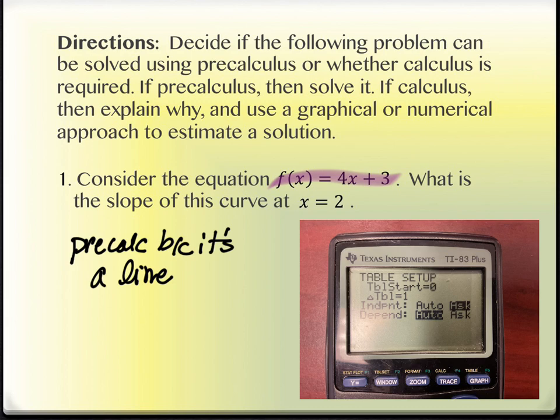So what is the slope at x equal 2? Well, actually, the fact that it's x equals 2 is irrelevant. It's got a slope of 4 everywhere, yeah? So the slope is 4. So the pre-calculus questions are ones that we can answer exactly and usually very quickly.